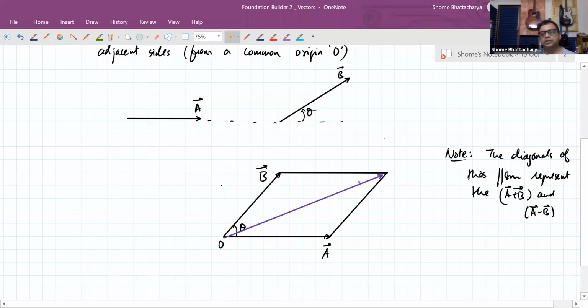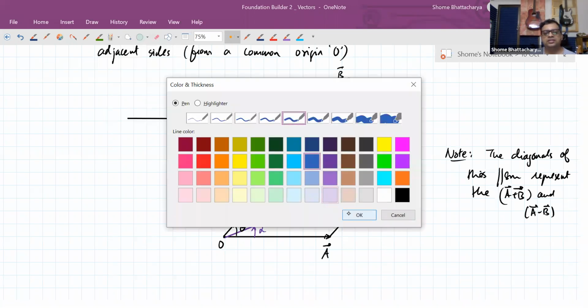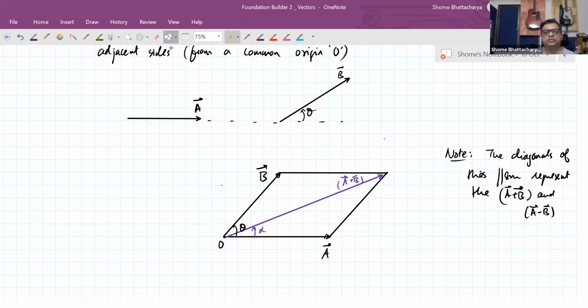So this one actually becomes the resultant sum and this angle becomes alpha, whereas if we draw the other diagonal, what we can call the secondary diagonal, which is from the head of vector B to the head of vector A, this one, this now represents the difference of these vectors.